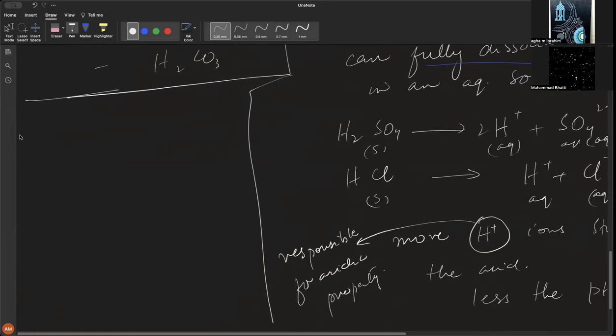Similarly, let's talk about weak acids. Weak acids are ones that don't dissociate fully.